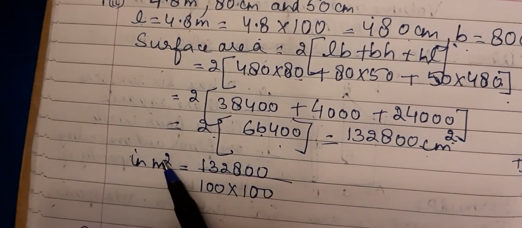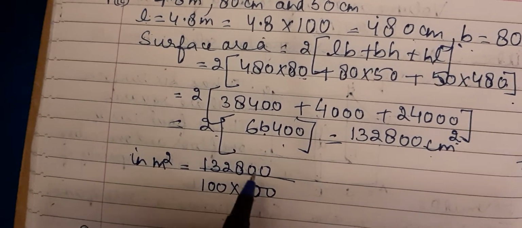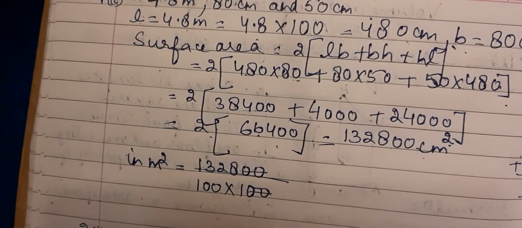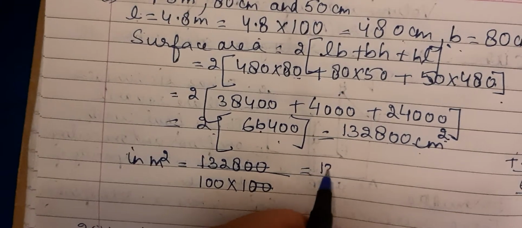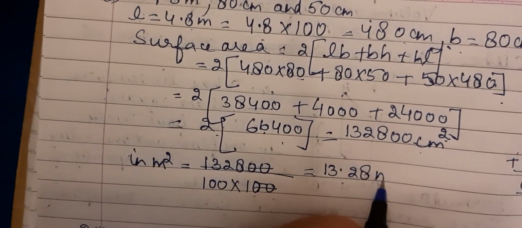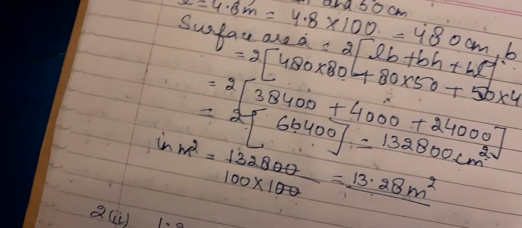And to convert it into meter square, divide by 100 2 times. 2 zeros cancelled. 1328 upon 100 will give you, shift the decimal to the left by 2 places, this 13.28 meter square.